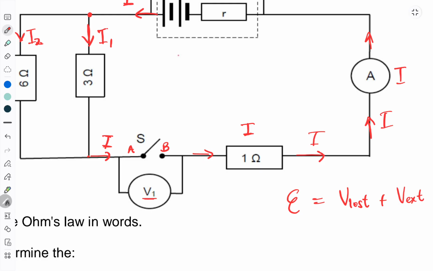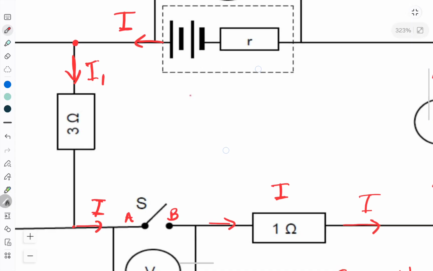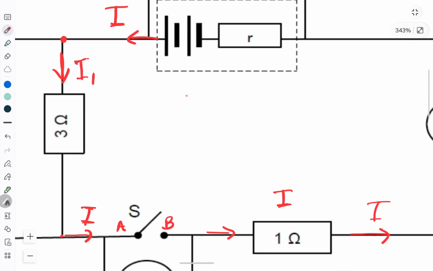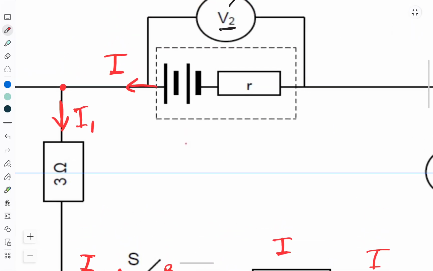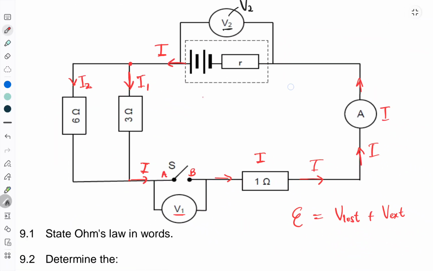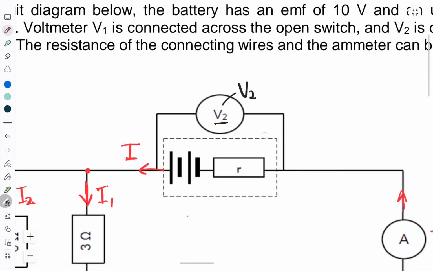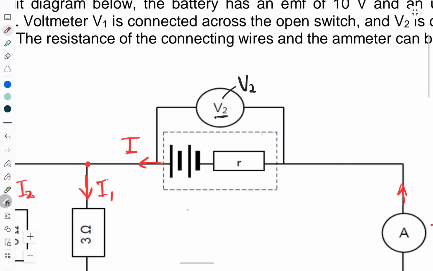If you check the battery, we said it has an EMF of 10 volts, right?